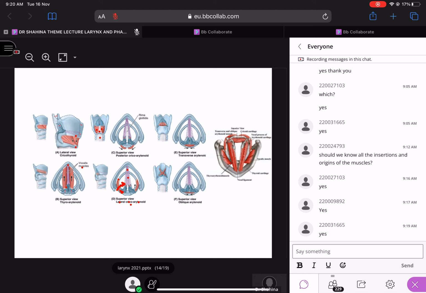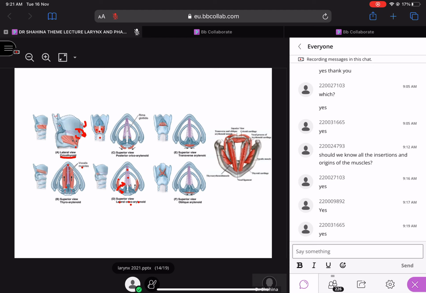Okay, so now if you see this cricothyroid, sorry, the lateral cricothyroid, what will happen? You can see the direction. This will pull the thyroid cartilage like this. When the thyroid cartilage is pulled, this will move down, because the pull is from the lower side, so naturally it will tilt like this.